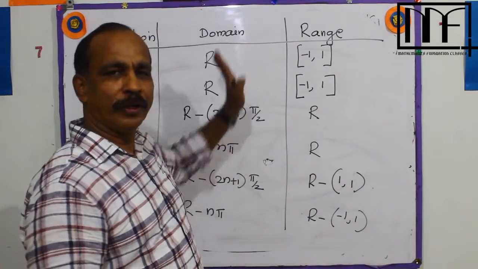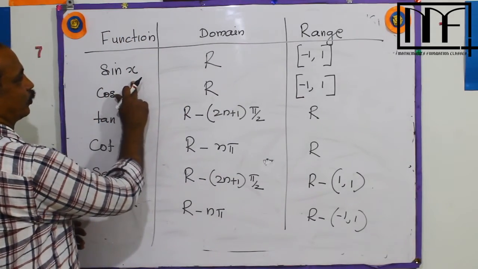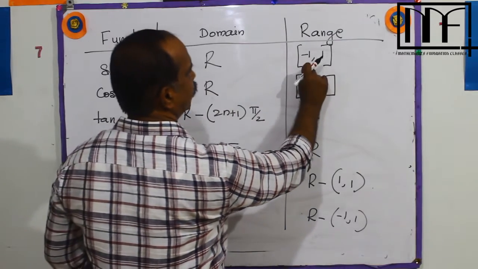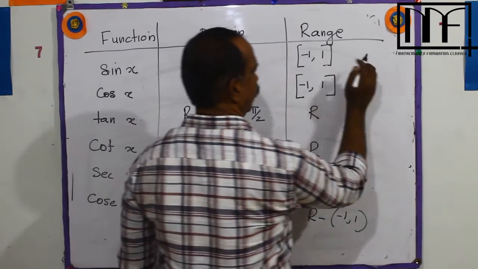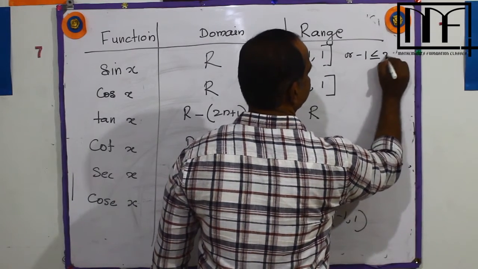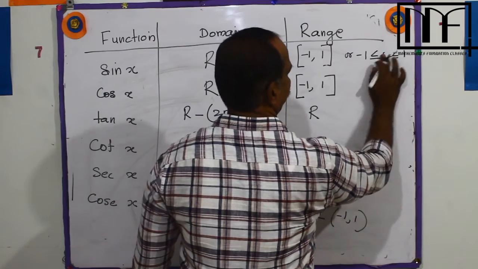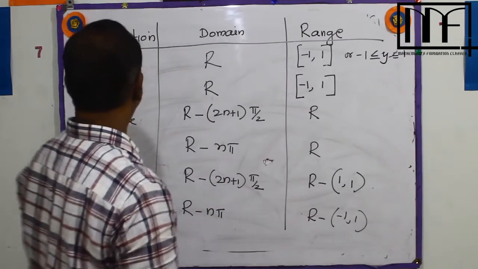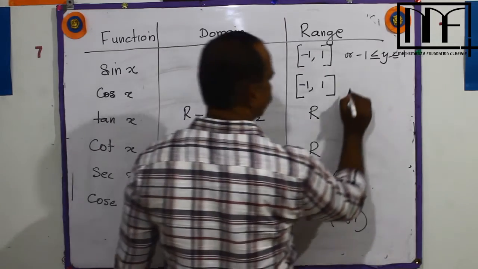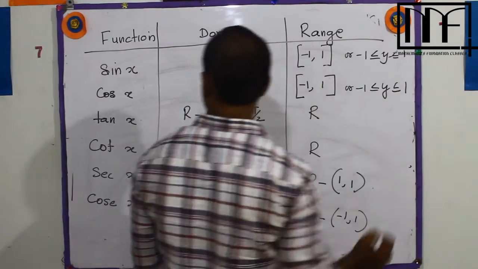Let us see all the trigonometric functions in the table. y is equal to sin x: the domain is all the real numbers, and the range is the closed interval from minus 1 to plus 1, which is negative 1 less than or equal to y less than or equal to 1. Same way cos x: again the domain is the real numbers, and the range is negative 1 less than or equal to y less than or equal to 1.